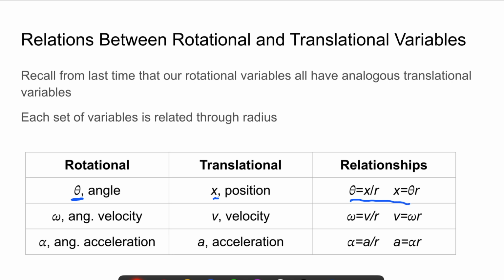And then we can do the same thing with translational velocity and angular velocity, which have a very similar relationship between those two translational and rotational variables. And finally, we've got translational acceleration and angular acceleration, and we can also relate them through radius to one another.